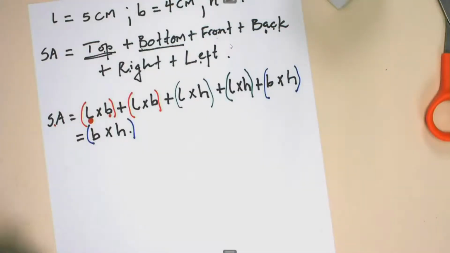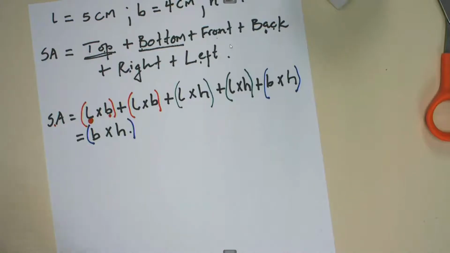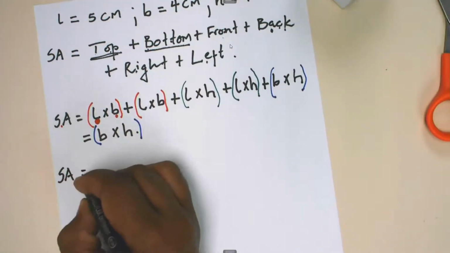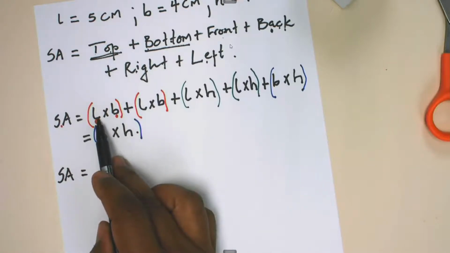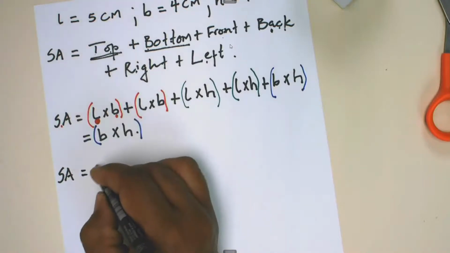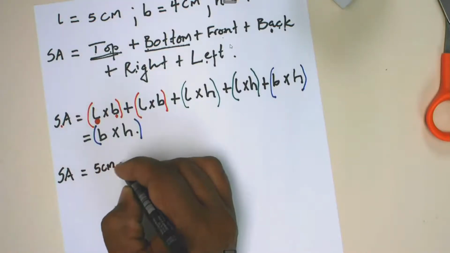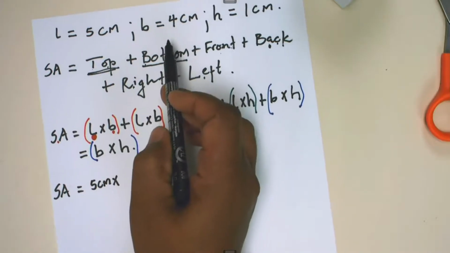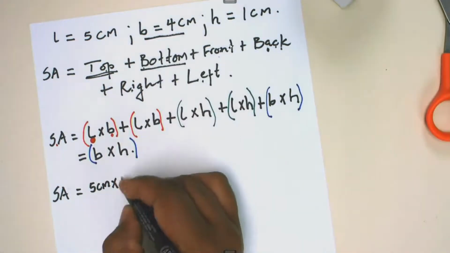Then we can say, all right, let us now substitute, because we know what our length is. What is the length? It measures 5 centimeters. Now we have 5 centimeters multiplying by the breadth. What is the breadth? It is 4 centimeters.